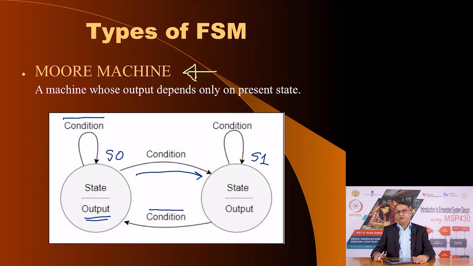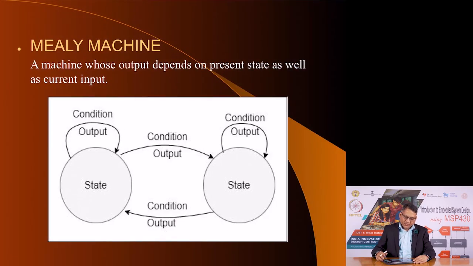There is another method of modeling state machines, and that is called the Mealy machine. In the Mealy machine the states are still the same, but now the outputs have moved from within the circles which represent the states to the edges which represent the conditions.